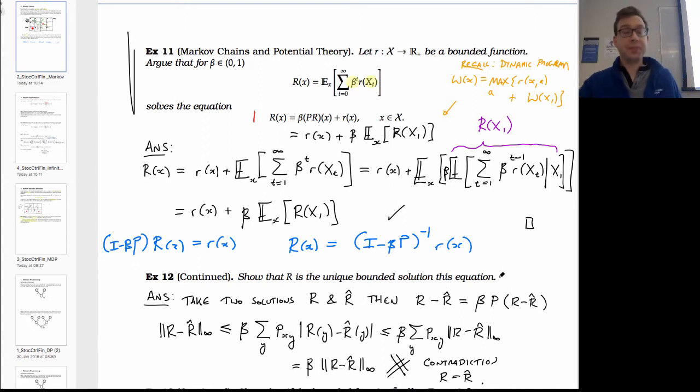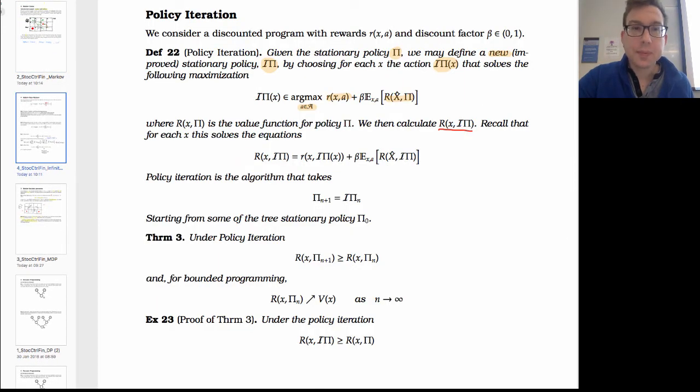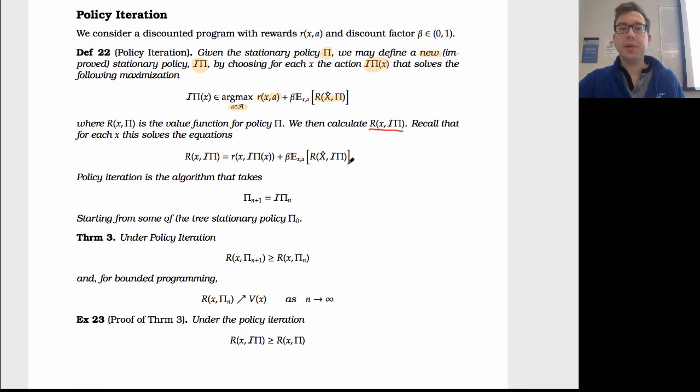It's worth recalling exercises 11, 12, and 13 from the Markov chains notes. Anyway, let's go back to where we were. Working out R of x for pi involves inverting a matrix.